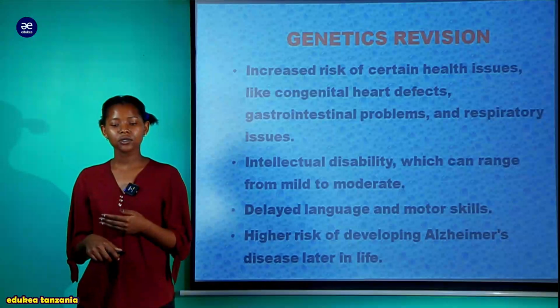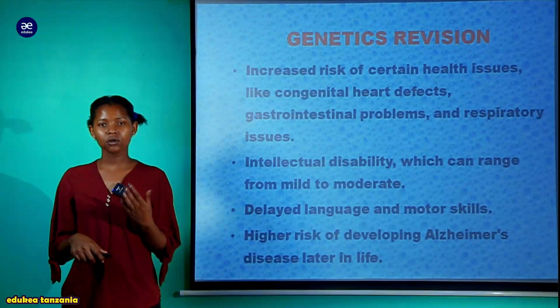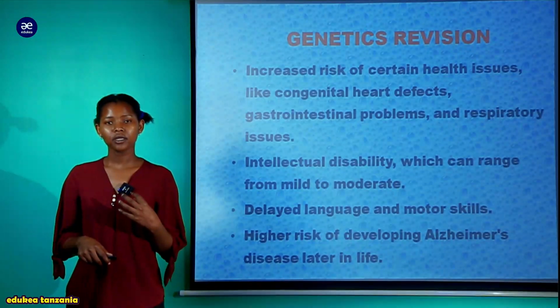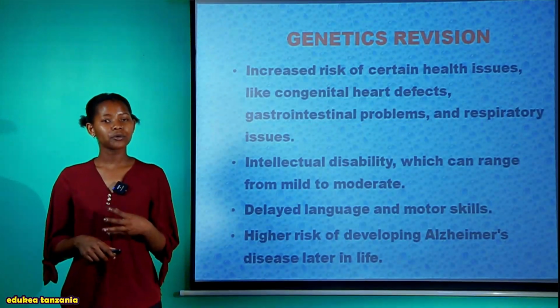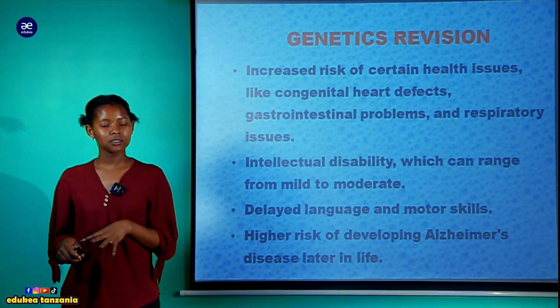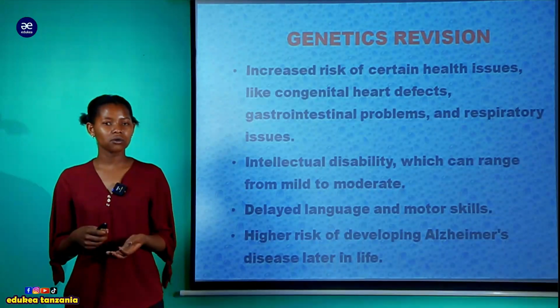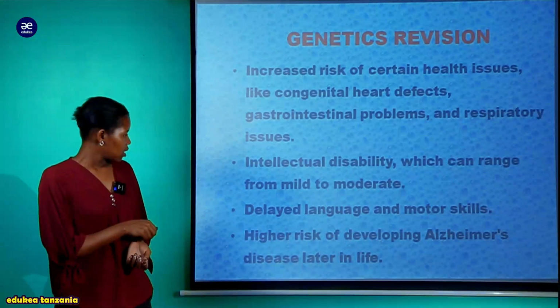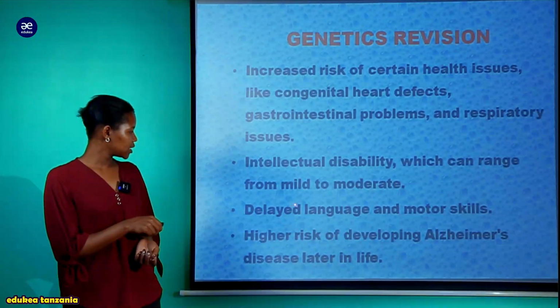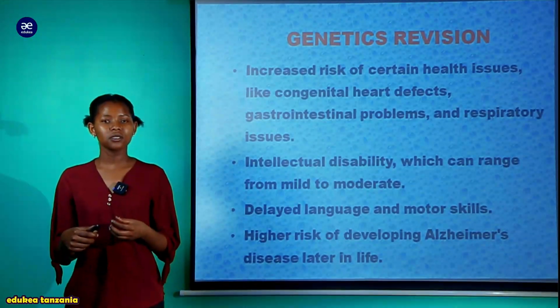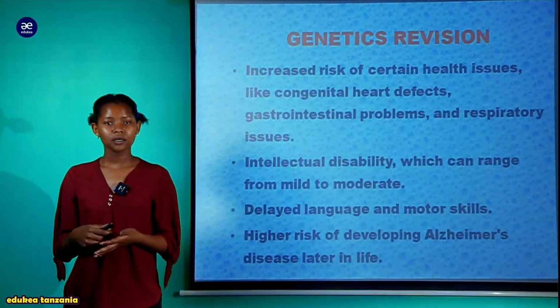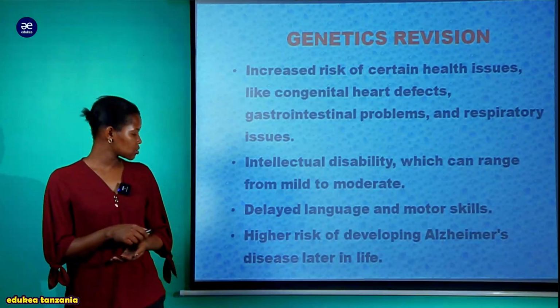Wanakuwa na intellectual disability. Intellectual disability tunaenda kuzungumzia issue ya knowledge, intelligence kwenye mind, anakuwa kidogo inapungua, inakuwa mild to the average, yaani kidogo inakuwa ina shake. Again, they have delayed language and motor skills. Kwenye kuongea nako ni issue, ni shida, na language issues inakuwa ni tatizo pia.